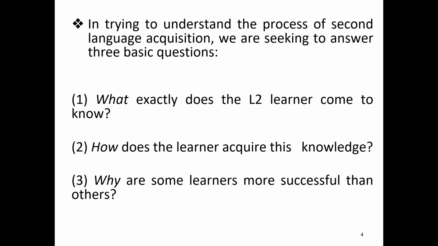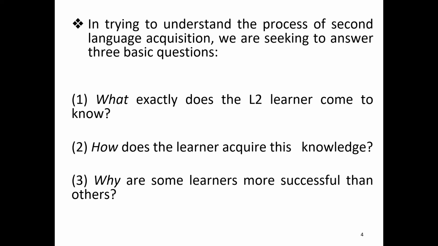Again, I just want to repeat the questions. One, what exactly does the L2 learner come to know? When you start learning a second language, what exactly do you need to know? The second one, you know what to learn, but how? You need to learn this, you need to learn that, for example.